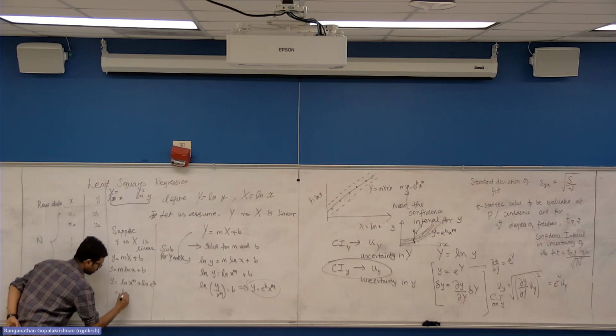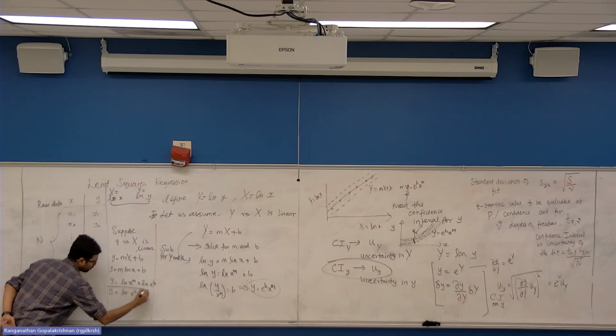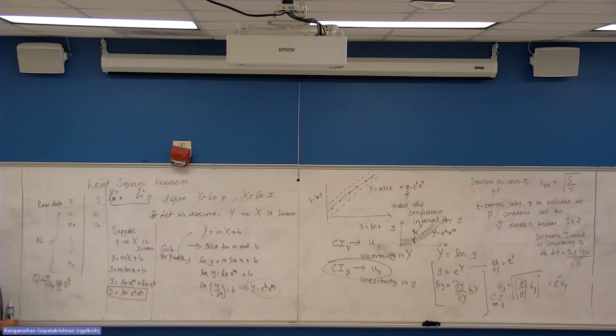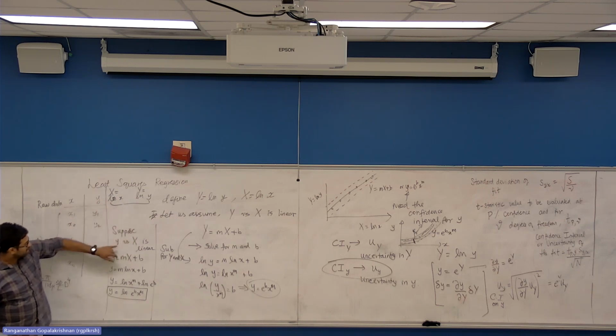So this is ln of e to the power b times x to the power m. So y equal to ln of e to the power b times x to the power m. This is assuming instead of needing both ln x and ln y, you just use ln x and y, semi-log.